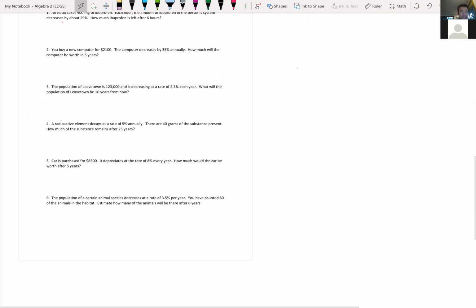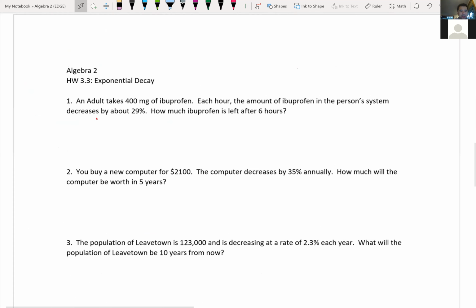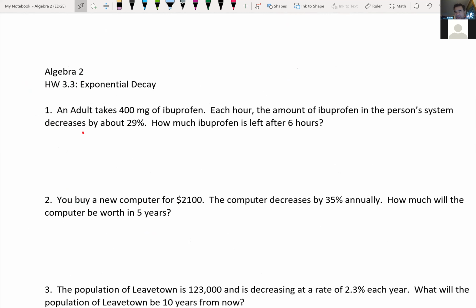So I've got 6 problems. They are all exponential decay problems, okay, of various stories, scenarios, settings, but essentially it is all the same. The procedure is all the same, okay?